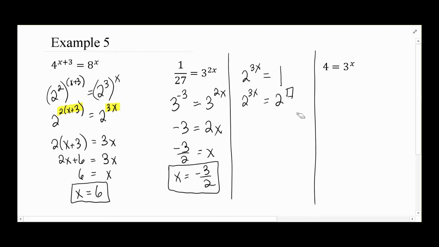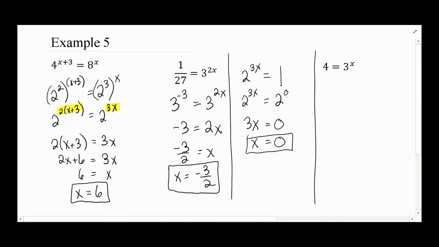How do we rewrite 1 as 2 to a power? Anything to the 0 power is 1. Now that my bases are the same, I can make the exponents the same, divide by 3, and x must be 0. So don't forget that fact.